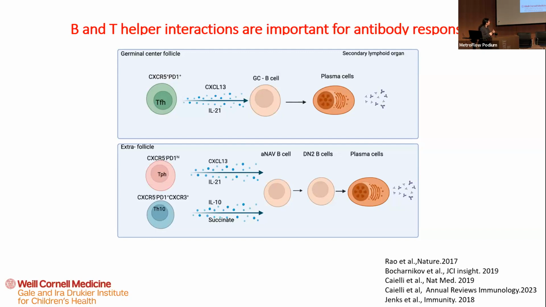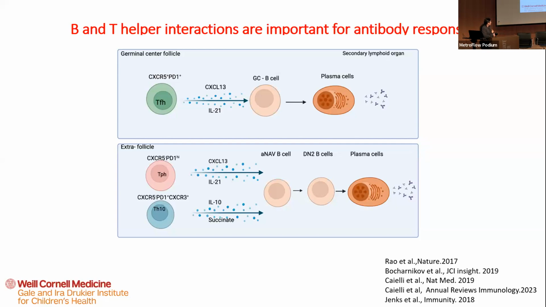And these T helper cells are found to be expanded in the synovium of arthritis patients, and these studies have shown that these cells can help in the differentiation of these double negative cells into plasma cells that produce autoantibodies.